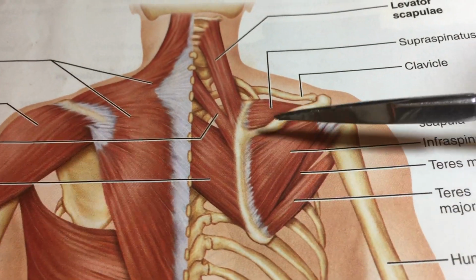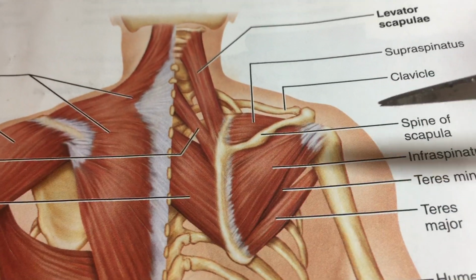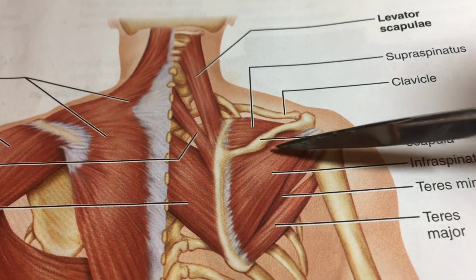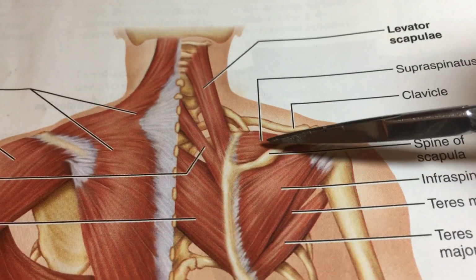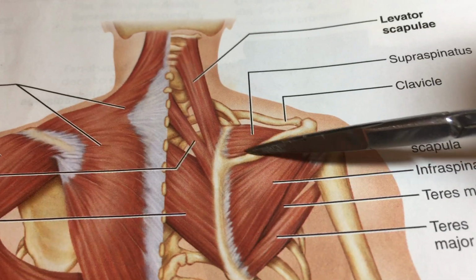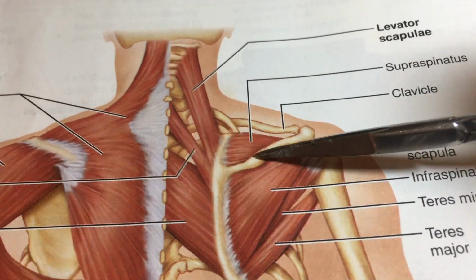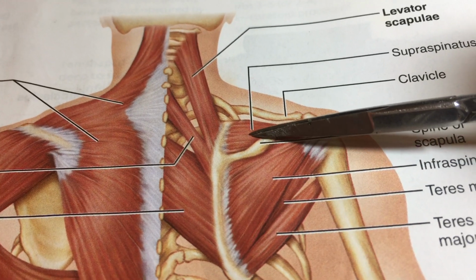Okay, now remember that these muscles right in through here are named for the surfaces in many cases. This is the infra down here. This is the supraspinatus. Supraspinatus is attaching here to the supraspinous fossa.